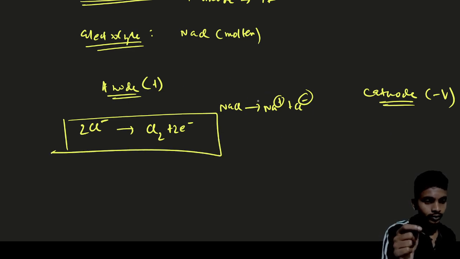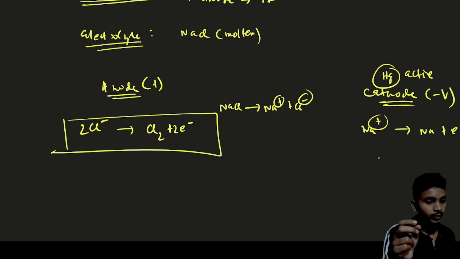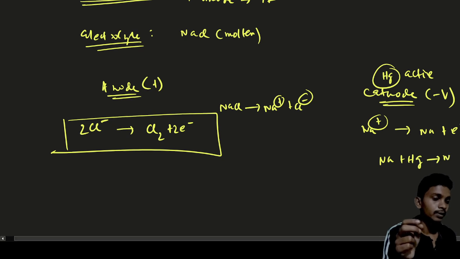Similarly at the cathode, Na plus will go, and since Hg is there, which is an active electrode, Na plus gains an electron to form Na, and this Na reacts with Hg and forms NaHg.